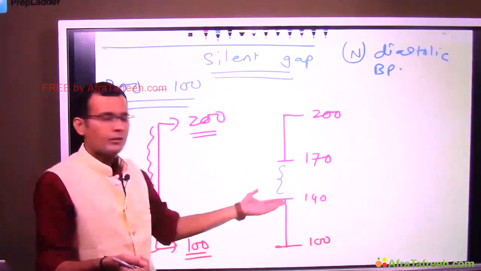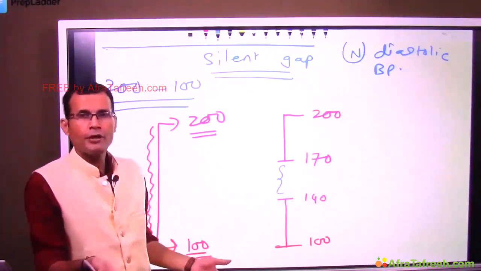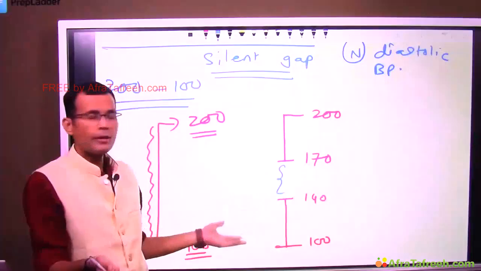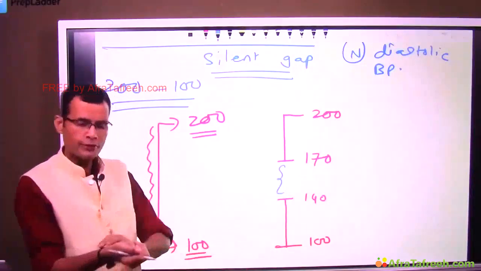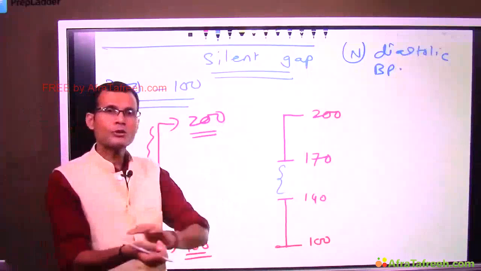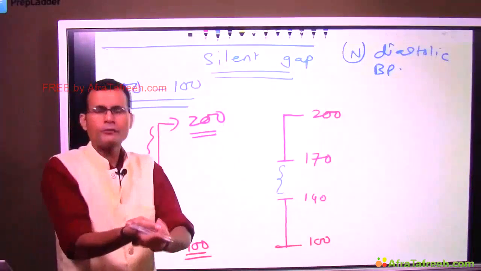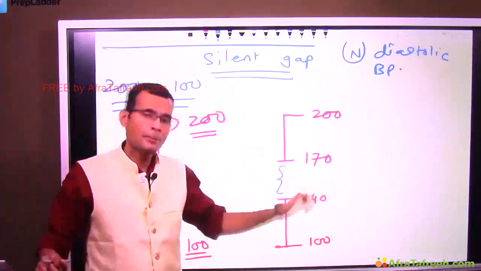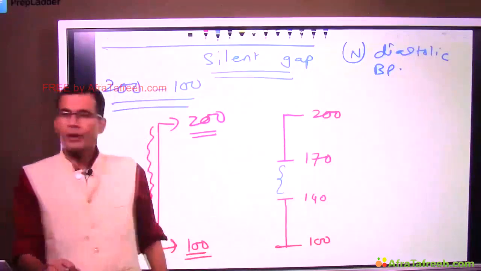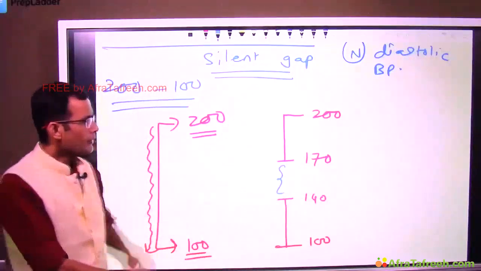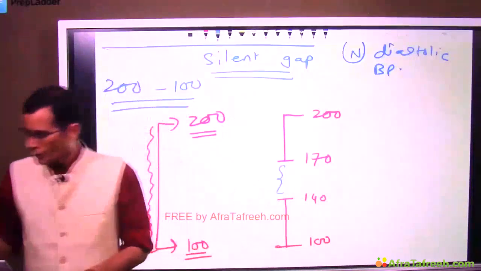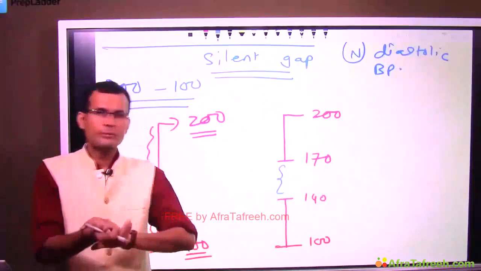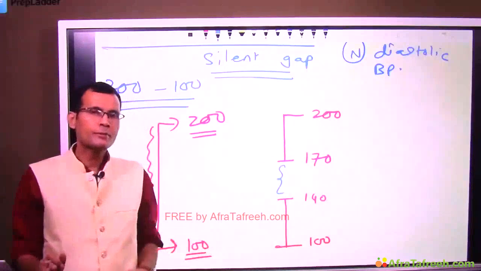And then this error can be avoided. Silent gap and its error can be avoided. Always measure. You will know the true systolic pressure, at least the rough idea about it, by first checking the BP by palpatory method. Okay. Well, but we are not talking about the auscultatory method and silent gap. So avoids silent gap by, as I said, first checking the BP by palpatory method.